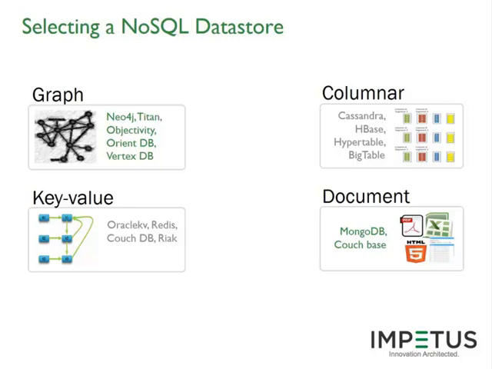Each record in a document-based table has a key and a document. A collection of these documents is what is termed a collection. The two most popular ones are MongoDB and Couchbase. A document can also be thought of as a list of documents, which is what is called an embedded document.